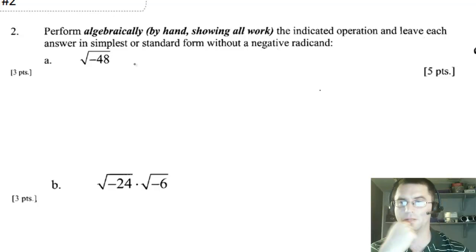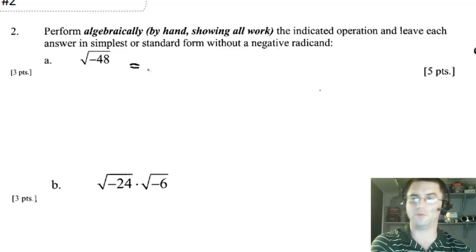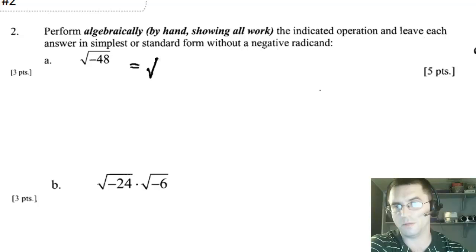So the first thing I'm going to do is get that negative out. How do I do that? Well, I'm going to show more steps than I have to here to be explicit, but this is negative 1 times 48. We know the square root of negative 1 is called i.